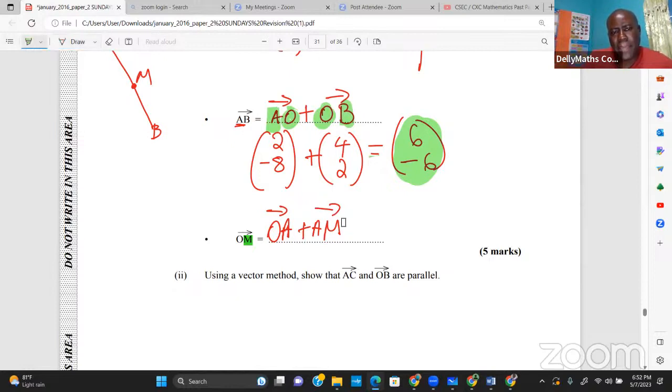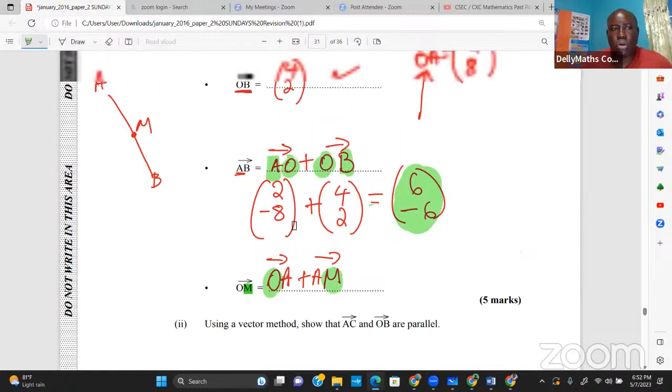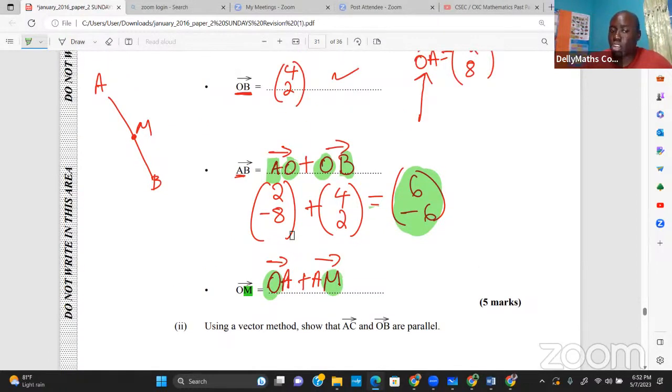Let's look at my beginning, my ending. So you never had to do that. I'm just going to do one, but I'm showing you ideas. I could have also, let me put a fake O. O is somewhere here. I was saying O to M, you move from O to A and from A to M. You could have moved from O to B and then B to M. You still get it.